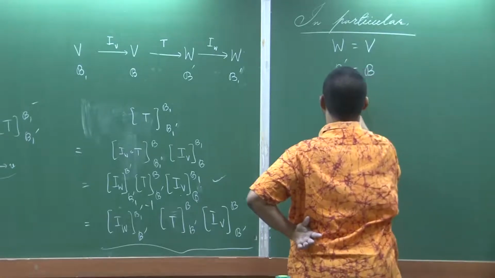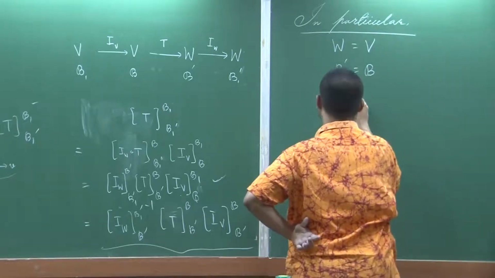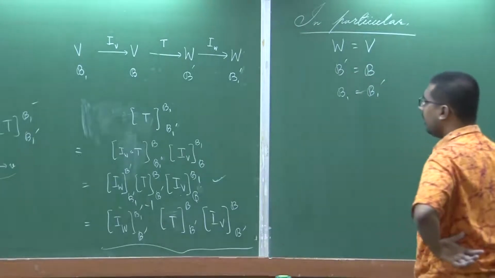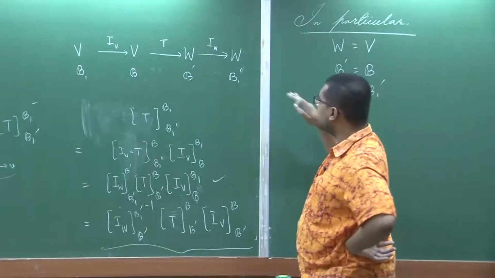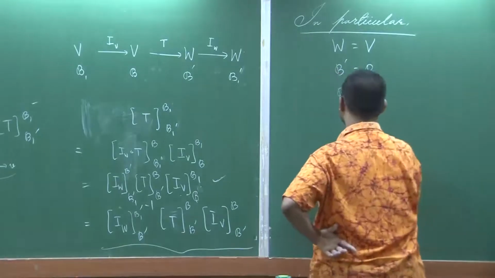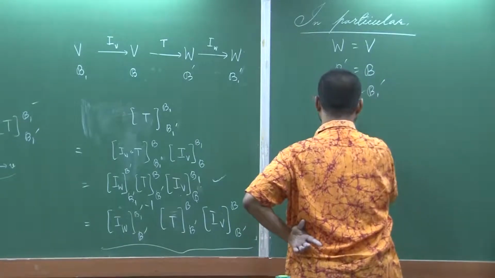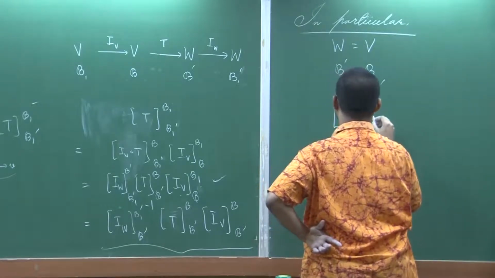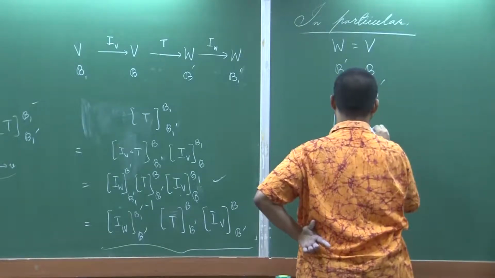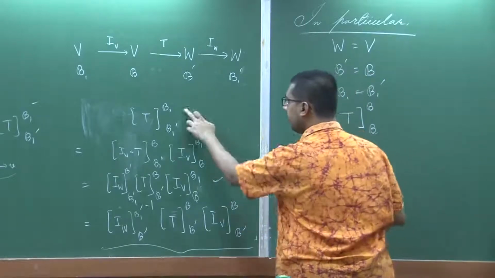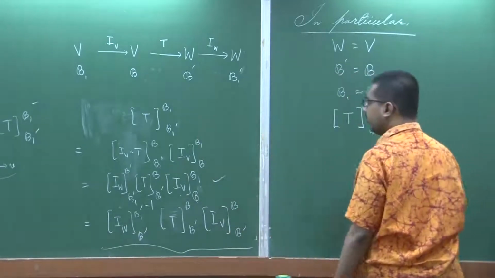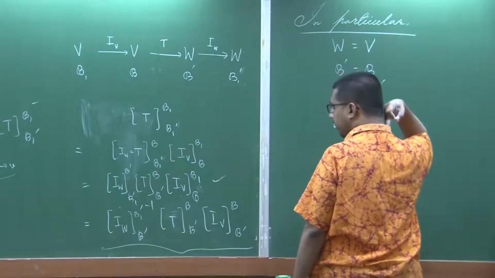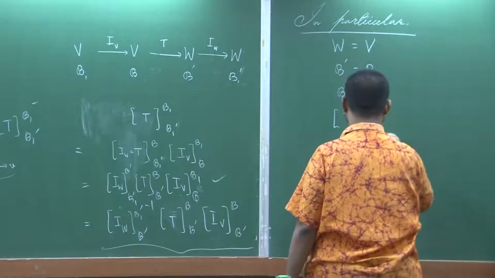and B1 equal to B1 prime, then specializing this to this case, what we get is the matrix with respect to B. So B1 equal to B1 prime, just a minute, yeah, B1 equal to B1 prime.